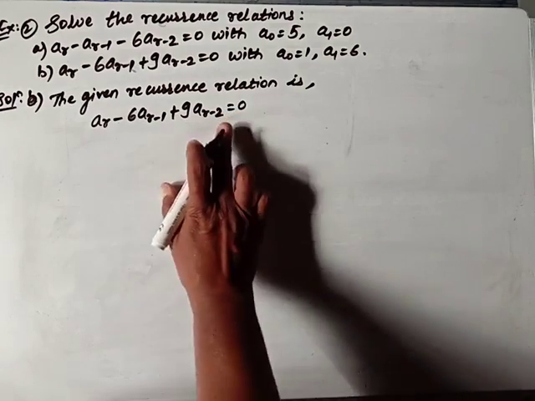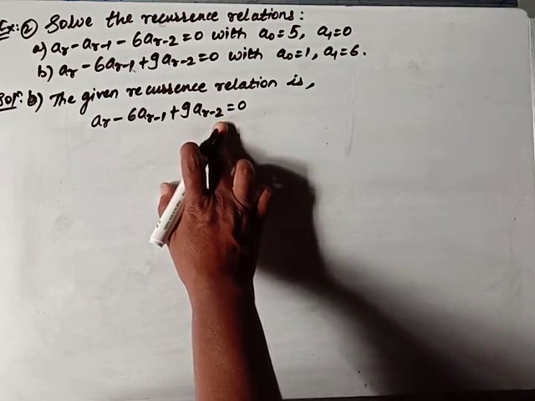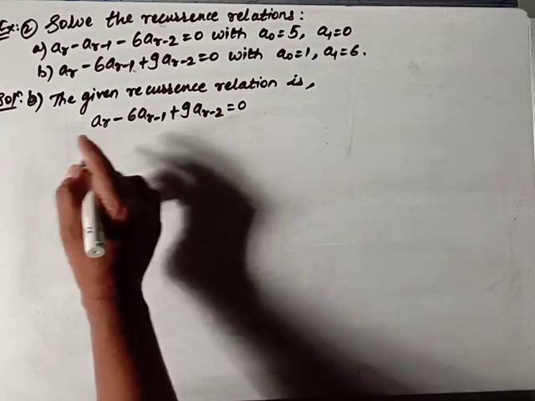So now again k is 2. So let's write the characteristic equation.